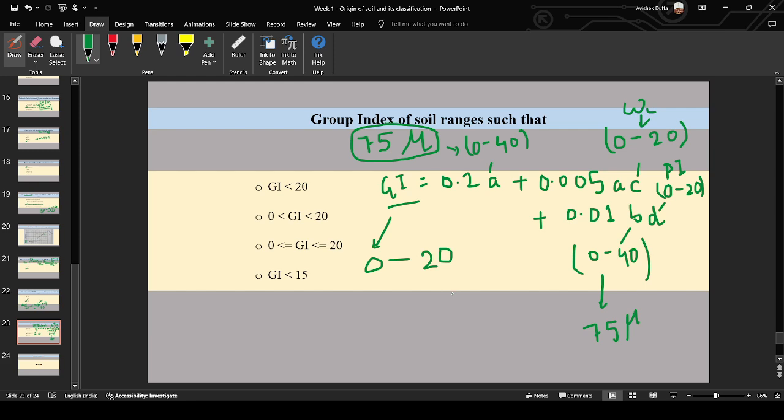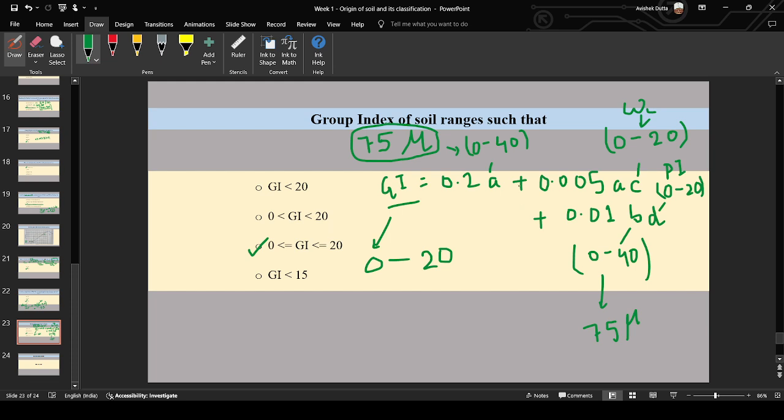So the answer of this question is: group index of soil ranges such that group index falls between 0 and 20, including the values, that is, more than or equal to 0 and less than or equal to 20. Mind it, the second option will not be the answer, because in the second option the equal to sign is absent. That means it is not considering 0 and 20, it is considering all values more than 0 and less than 20.